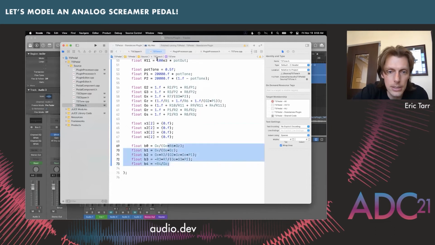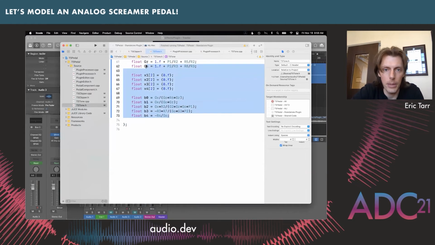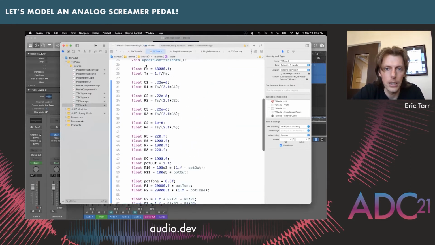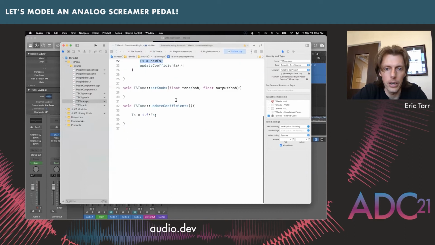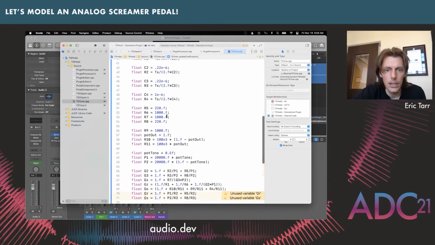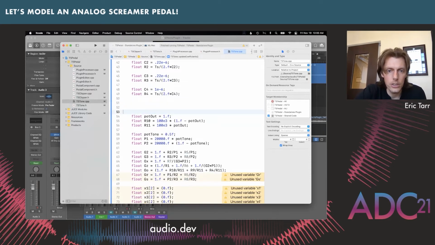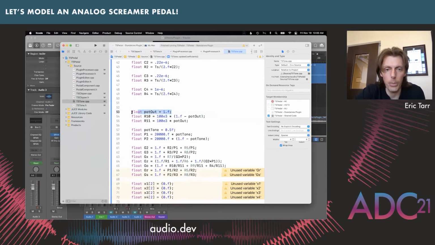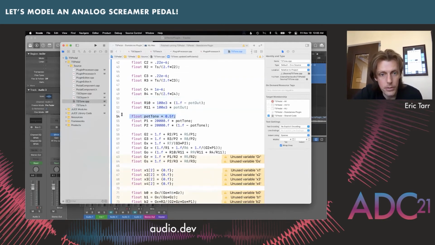So anything that depends, just copy all this, and then I'll maybe exclude some stuff, delete it. We don't need. So anything that depends on our sampling rate, we might need to get updated. Over here, update our coefficients. Okay, so these don't need to change. This doesn't need to change. We don't want to overwrite our pot. That will get set up above for each of those things.